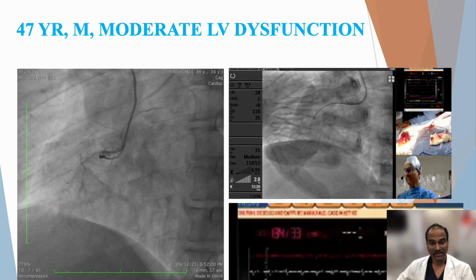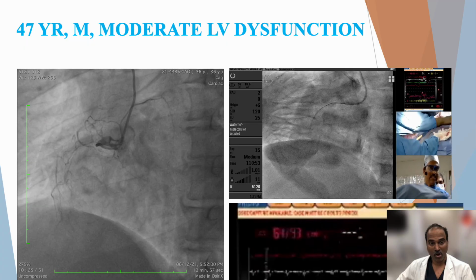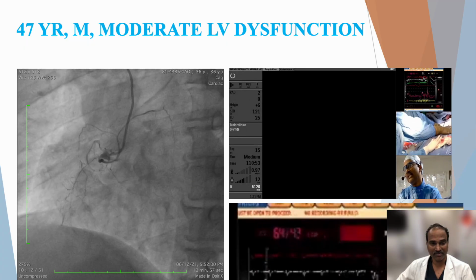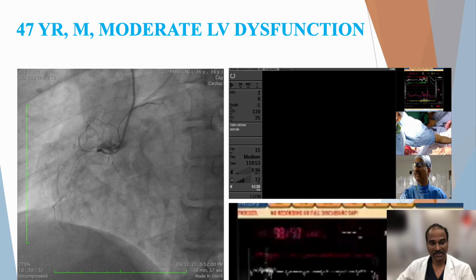So it has a hemodynamic cost to pay, and that should be kept in mind. We could revive this patient subsequently with MCS.